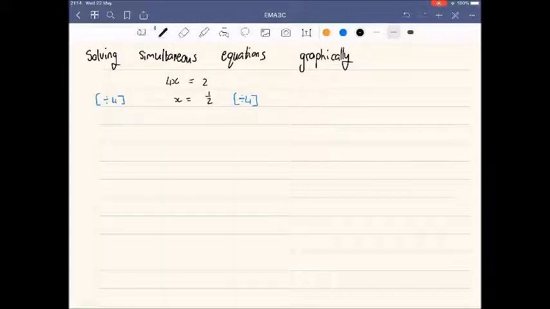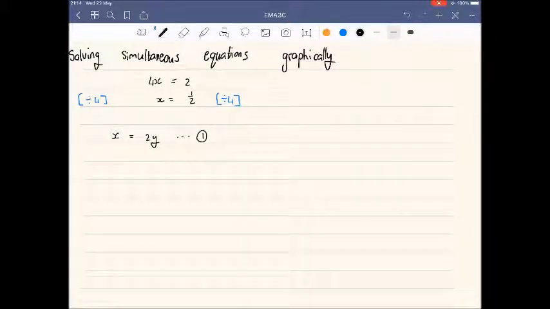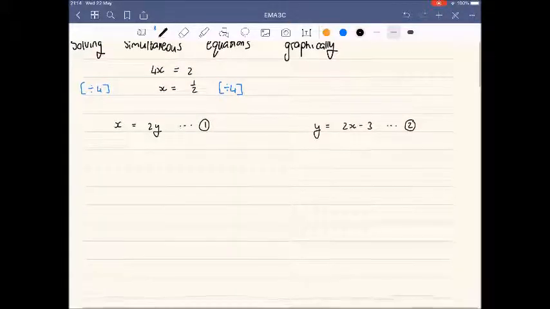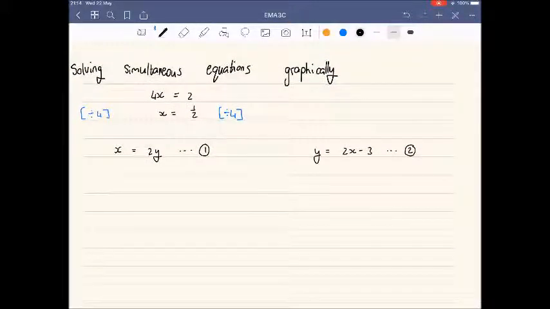We're given the equation x equals 2y, and we're going to label that 1, and we're given the equation y is equal to 2x minus 3. Now, I'm sure some of you are familiar with solving these with substitution, but we'll do that afterwards. Now I want to focus on solving these graphically.